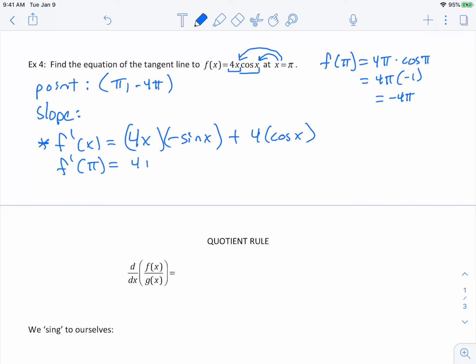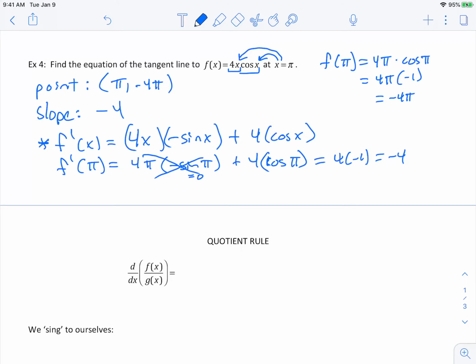So we're going to have 4 times pi times negative sine of pi plus 4 times the cosine of pi. And so if I simplify that, the sine of pi right here, that's going to be 0. So this entire thing drops out. And now I just have the cosine of pi times 4. So that's 4 times negative 1, which is negative 4. And so there's my slope. My slope is negative 4.